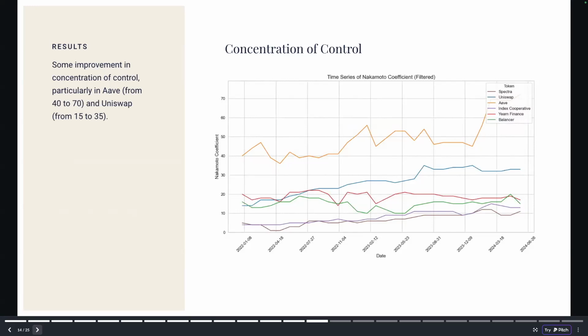Whereas Yearn and Balancer are remaining relatively persistent, but we can still see that this is a really high concentration of power. Because, for example, for Balancer and Yearn Finance at the end of the time period, still 15 wallet addresses control more than 50% of the tokens, which is quite significant.